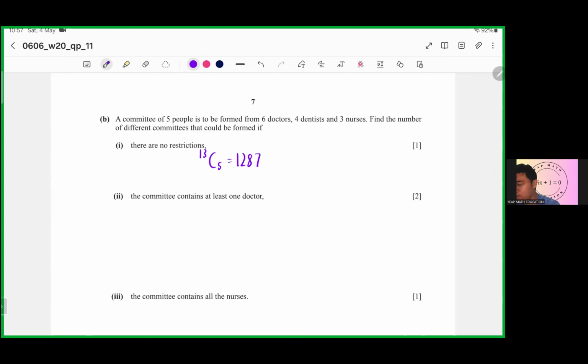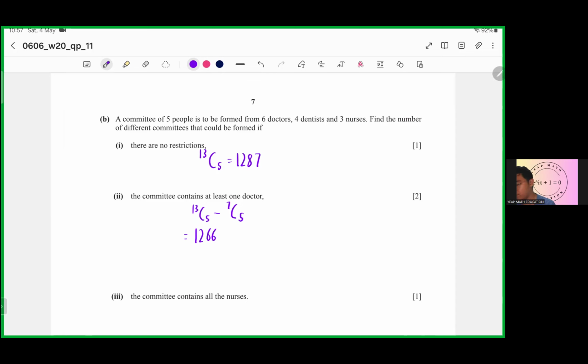Okay, now we look at part 2. The committee contains at least one doctor. Okay, so we just say 13C5 minus 7C5. So we look at what's the answer. Okay, 1266.